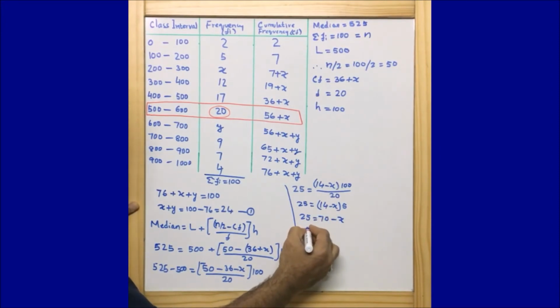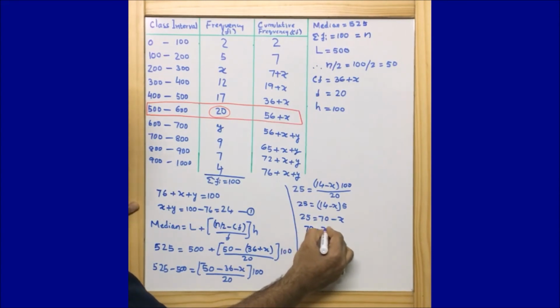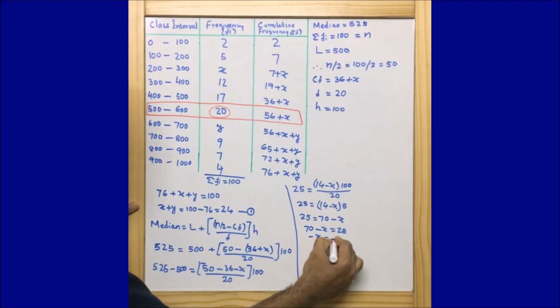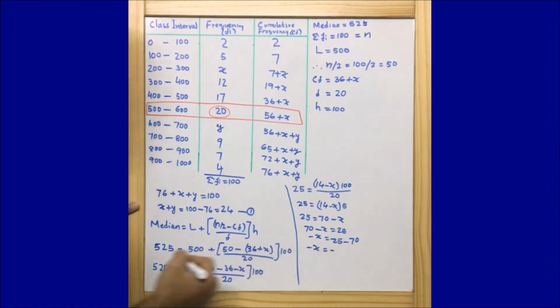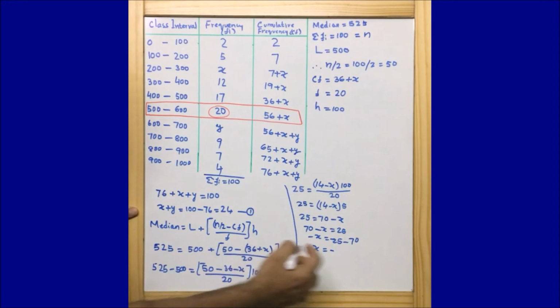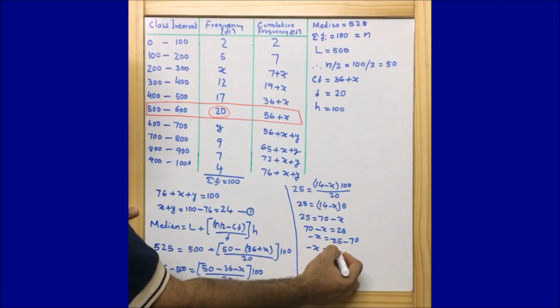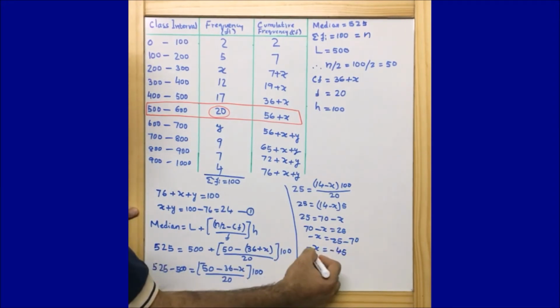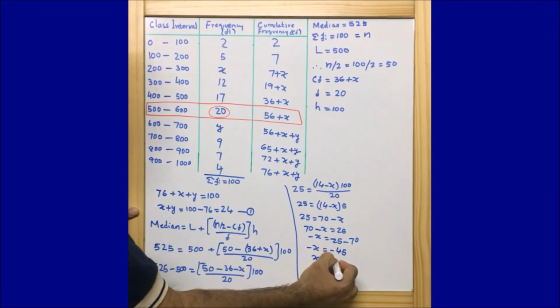Or I can write 70 minus x is equal to 25, or minus x is equal to 25 minus 70, or minus x is equal to minus 25 minus 70. So what is the value that we will get? 25 minus 70 is 45, or I can write x is equal to 45.